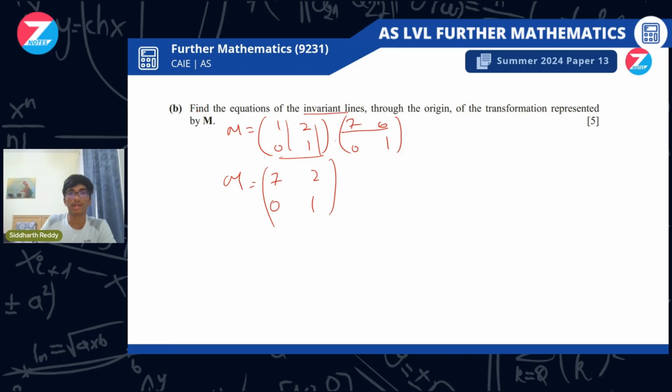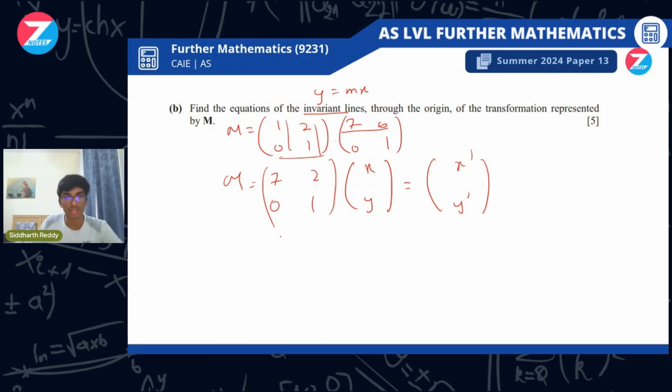An invariant line means all the points on that line are mapped onto the same line. We can model it using y equals mx. Suppose a point x, y is there. Even after the transformation, it will get mapped onto a point on the same line, which is x dash, y dash.